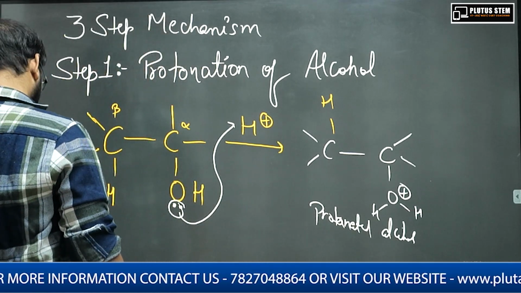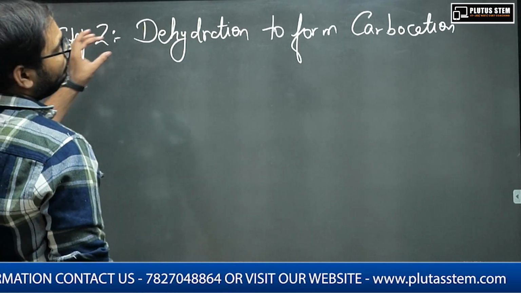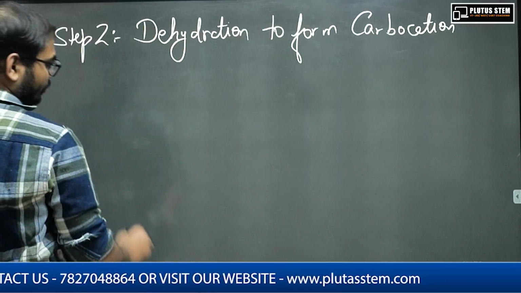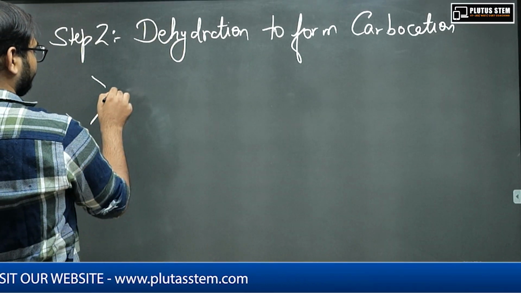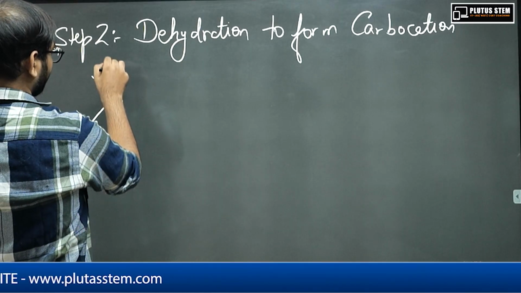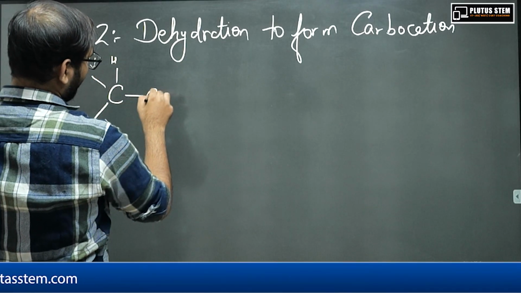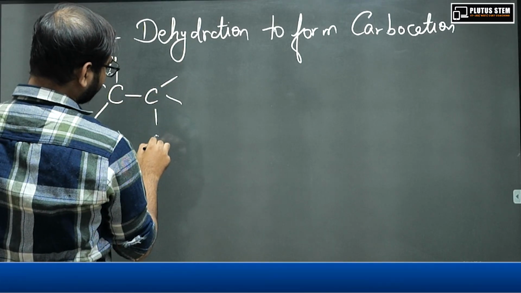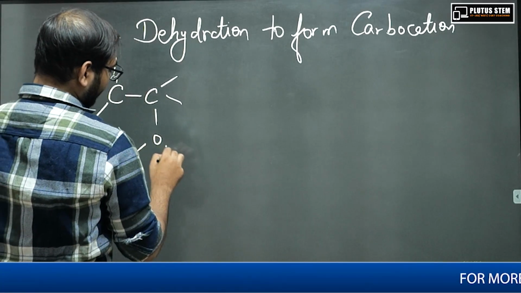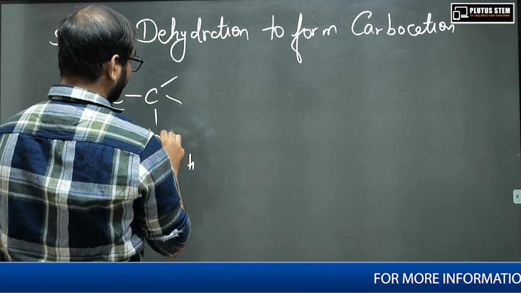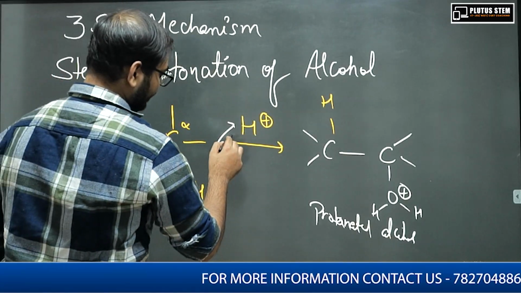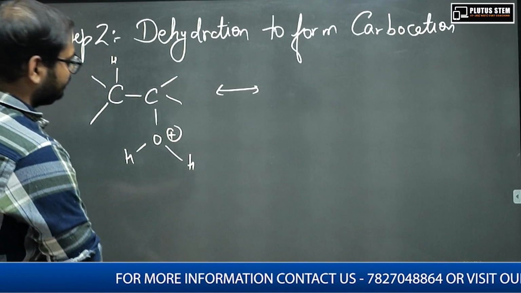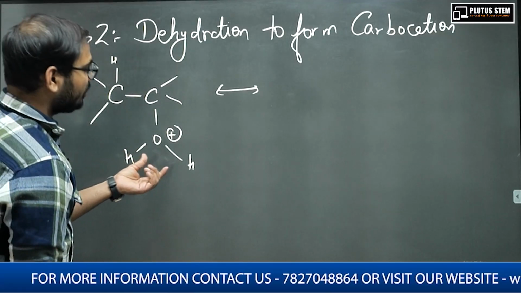So now to stabilize itself, it will go under dehydration. That means the protonated alcohol will lose water. Before we lose water, the first question that should come into our minds is which bond needs to be broken?